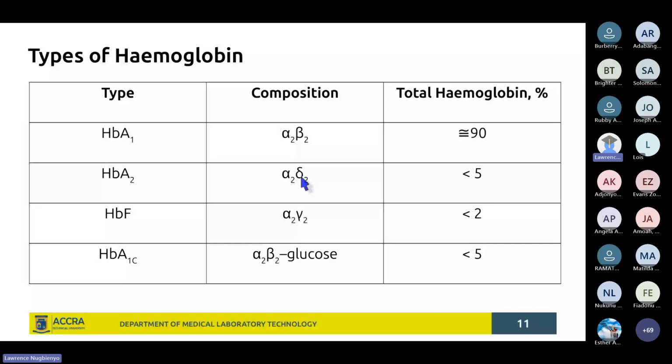Actually, I think in the next lecture, we'll see where this alpha, beta, alpha, delta is coming from. We'll see that it's coming from different genes that code for the proteins that become the globin chains. That is where you get these different types of proteins. And you see the HbA2 percentage is less than 5.